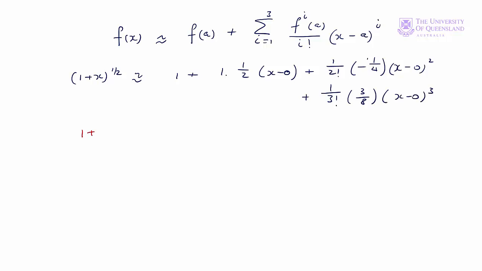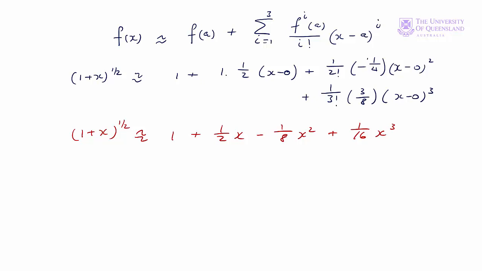Simplifying that, we'll have (1 plus x) to the half is approximately equal to 1 plus 1 half x minus 1 on 8 x squared plus 1 on 16 x cubed.